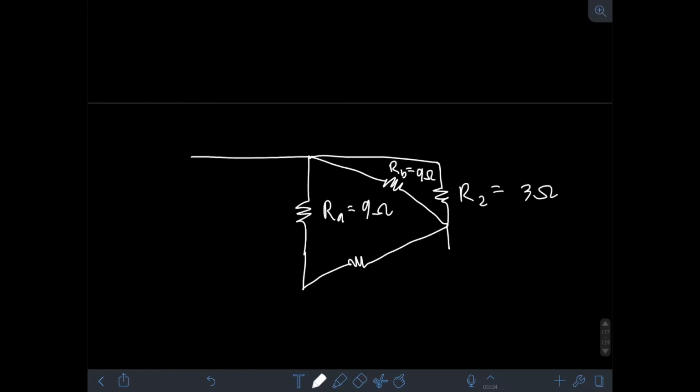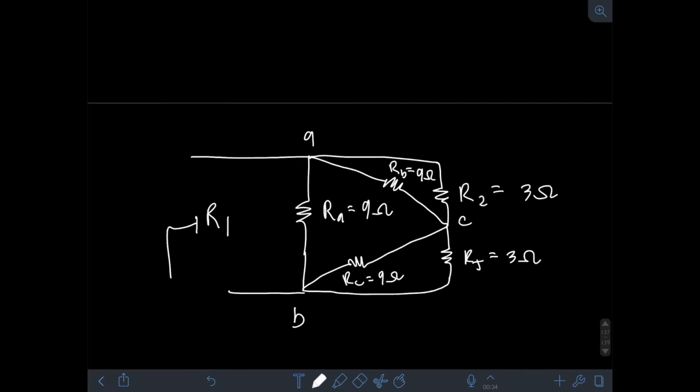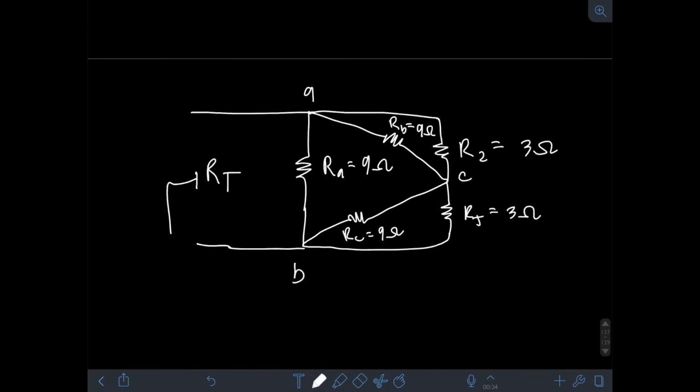We have this RC, which is 9 ohms, and then R5 equals 3 ohms. Okay, and this is node A, node B, node C, and this is where we will find RT. Okay, so as we can see, we have now reduced the connections as what?